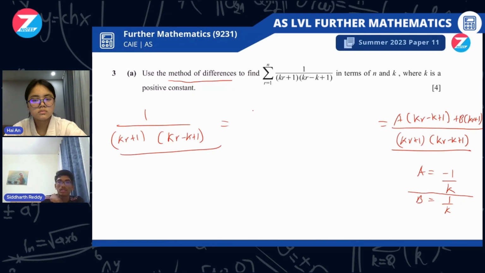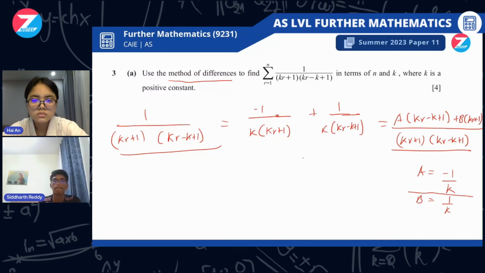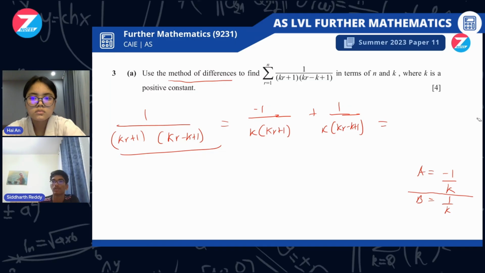So we can write this as minus 1 by k into kr plus 1 plus 1 by k into kr minus k plus 1. And we can factor out the 1 by k and just see what happens when we add it all up.